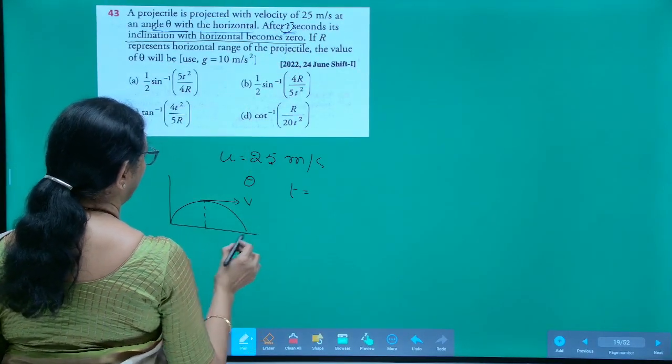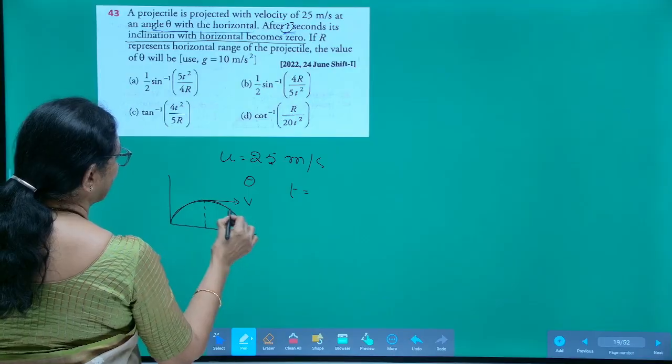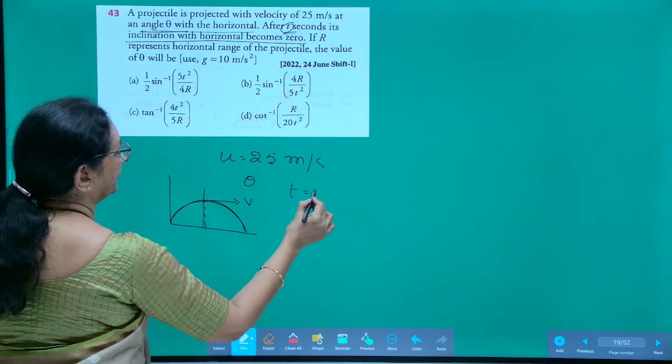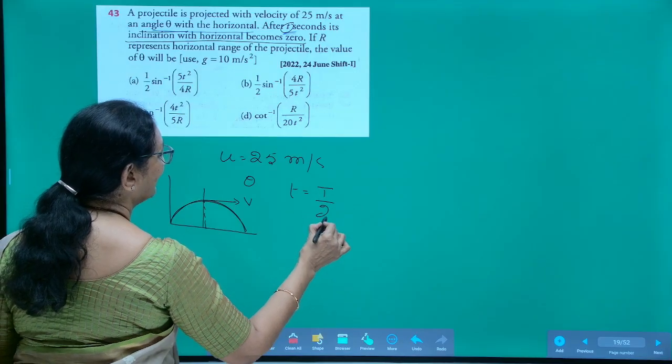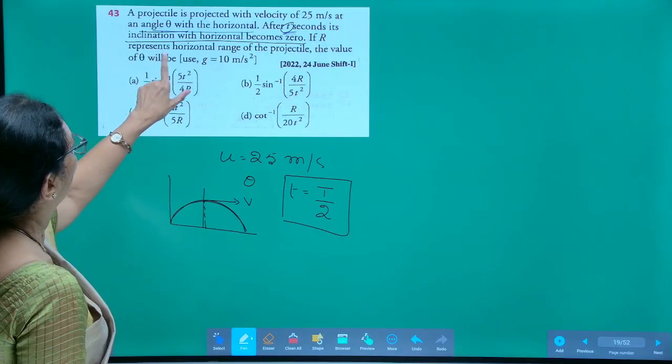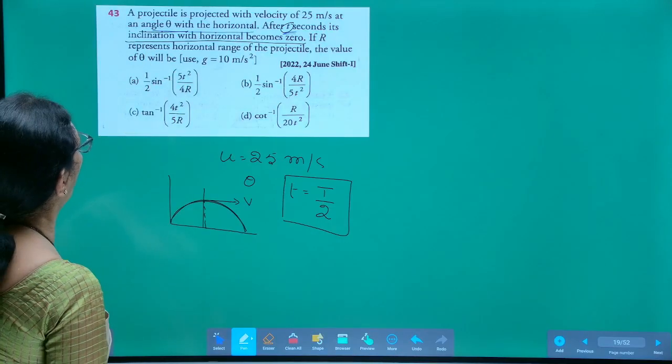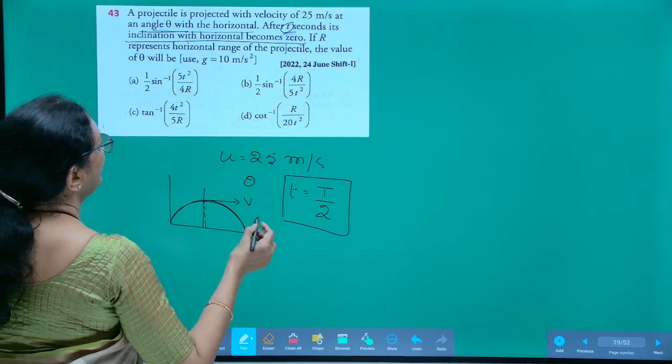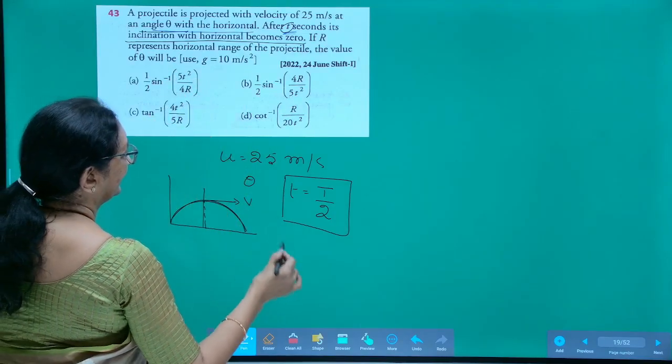So, obviously, the time taken to reach the highest point is half the time of flight. If R represents the horizontal range, find the value of theta from the data given.